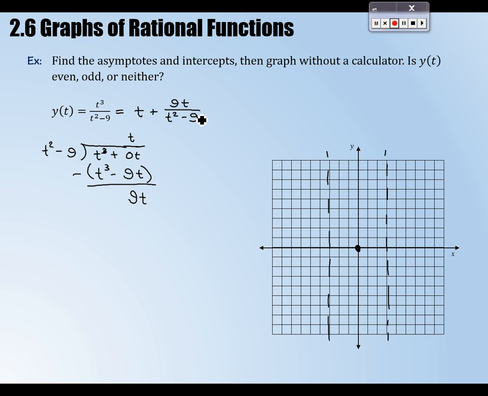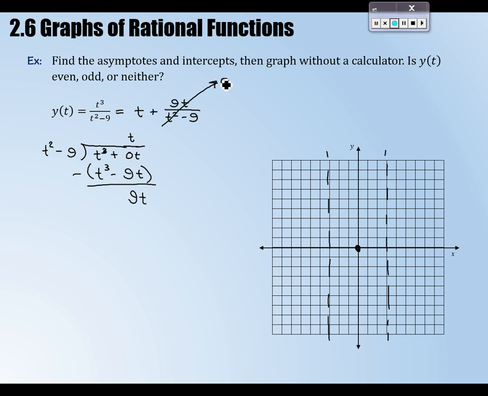When we see this, what does this fraction go to as t gets large? This whole thing goes to 0, doesn't it, out at infinity. So what does the whole function behave like out at infinity if this doesn't contribute at all?